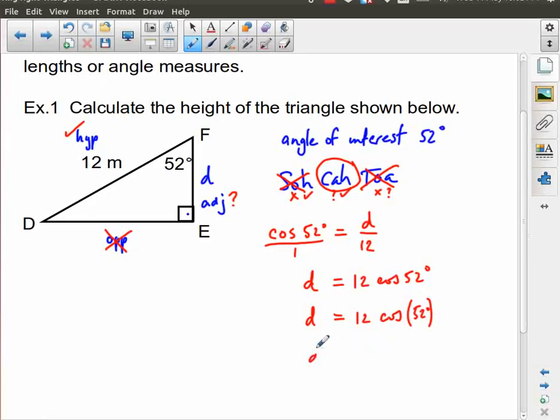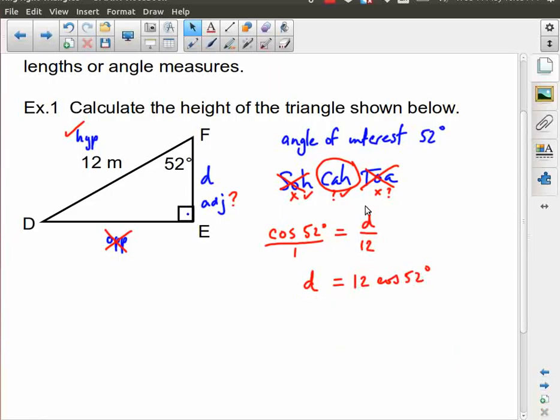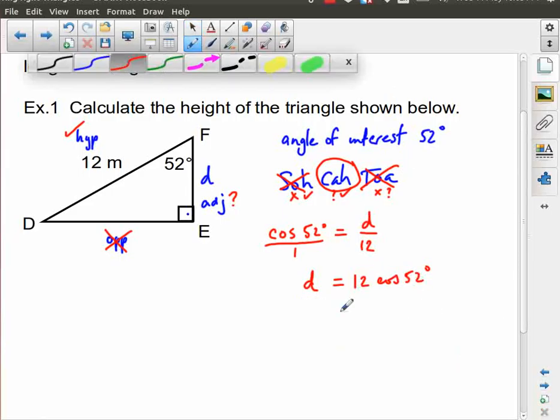And another way you might write this is very much against the convention: cosine 52 degrees, and the whole thing in brackets multiplied by 12. And I'm going to put a little c here. That's poor communication. You will rarely see it written that way. Technically it's correct, but you shouldn't be writing a final answer that way. Okay, so that being the case, let's take away those not necessary versions, and let's carry on with this.